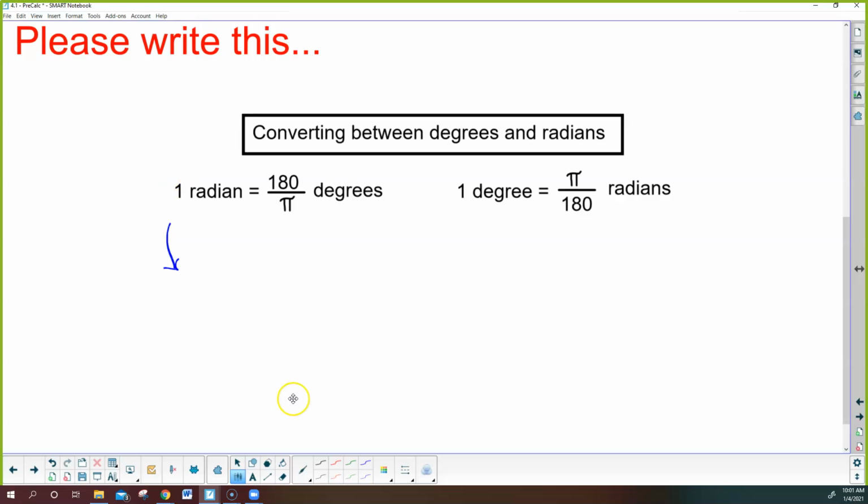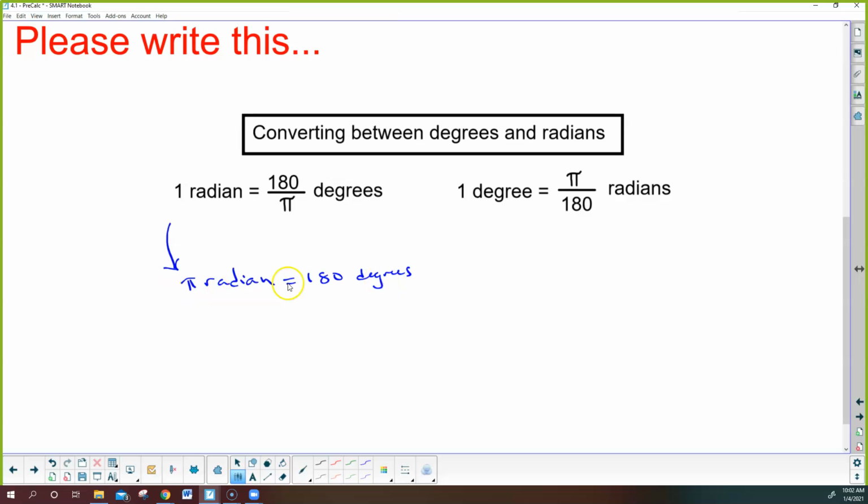So I'm not going to show that step, but what happens is I get 1 times pi is equal to 180 degrees.